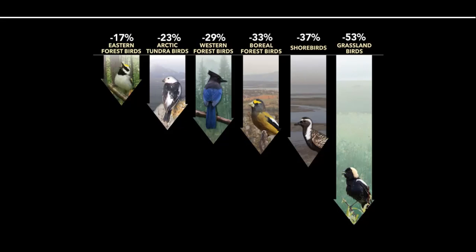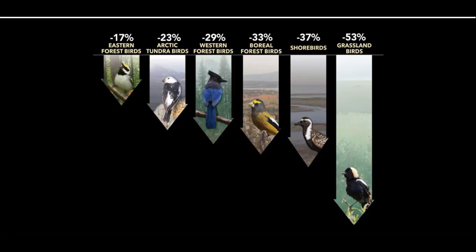So it's a signal to us that it's not just one habitat suffering, but that there is a bigger thing going on. Something is happening in which our environments are losing the ability to support the amount of life that they did previously. And this can be kind of devastating.